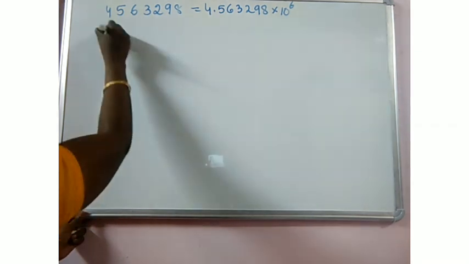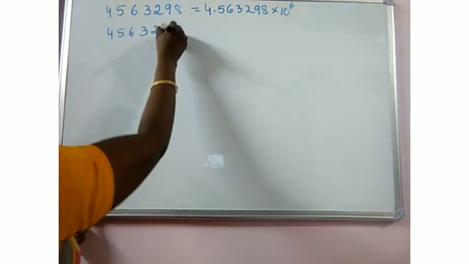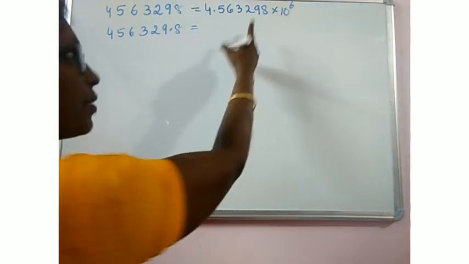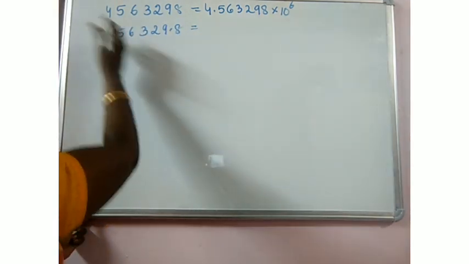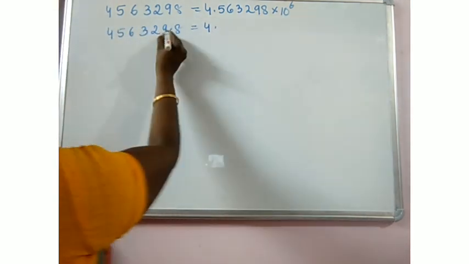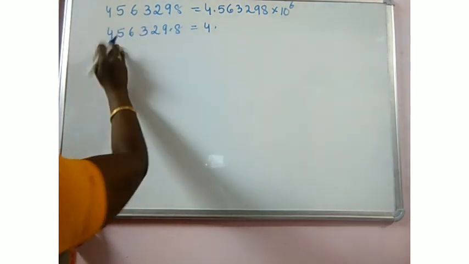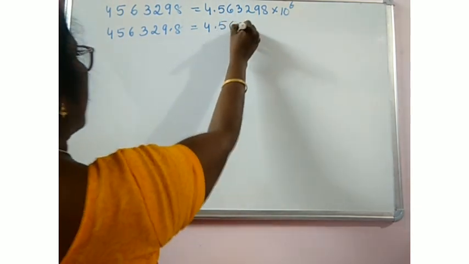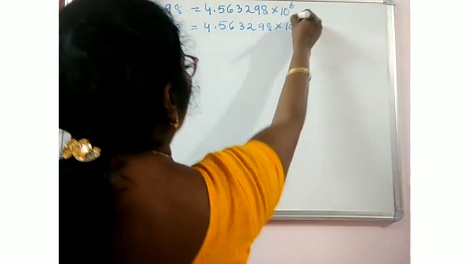Same number. Suppose the decimal is here: 45632.98. But if you want to write it in scientific standard form, you have to bring the decimal after one place only. This decimal moves 5 places from right to left, so you have 4.563298 into 10 to the power 5.